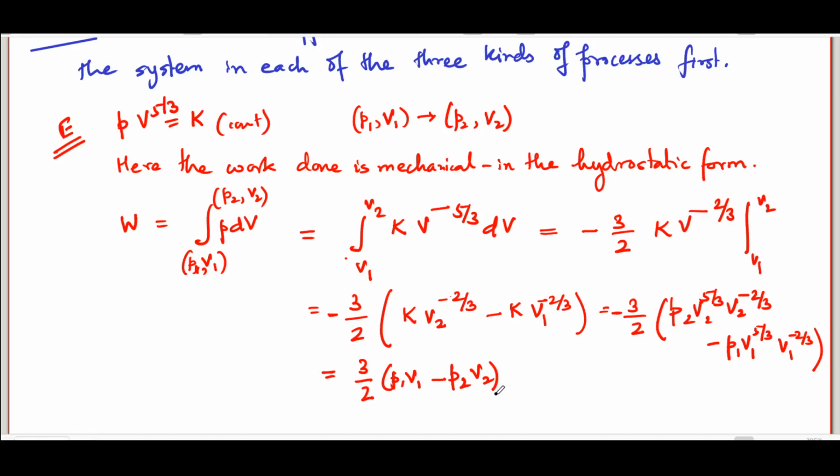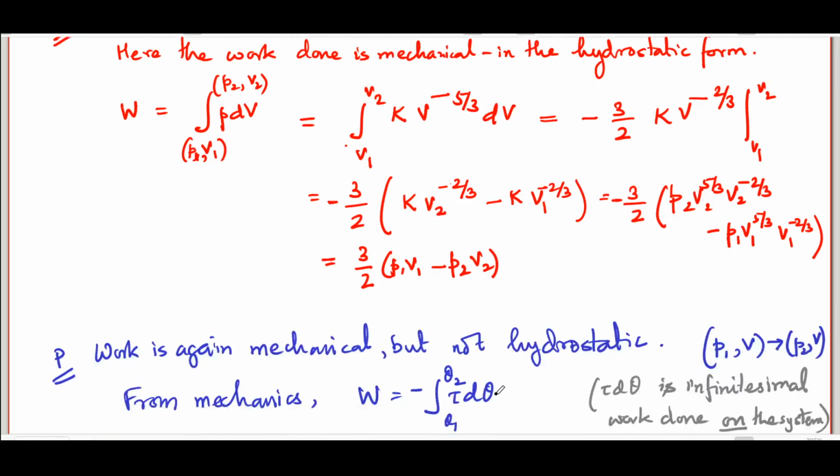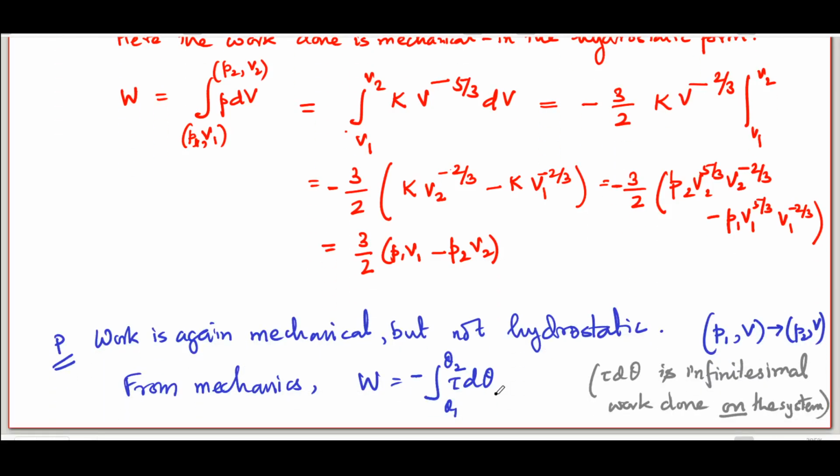Okay, what about when you clamp the wall and switch on the propeller? Now here the work done is again mechanical, but not hydrostatic. It's not PdV. In fact, here you're going from P1 V to P2 V. The volume V stays fixed here, and PdV work for that, of course, is 0.